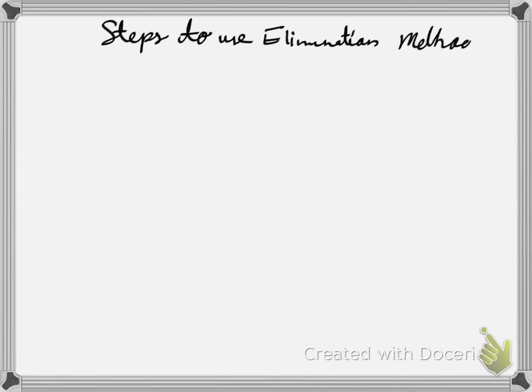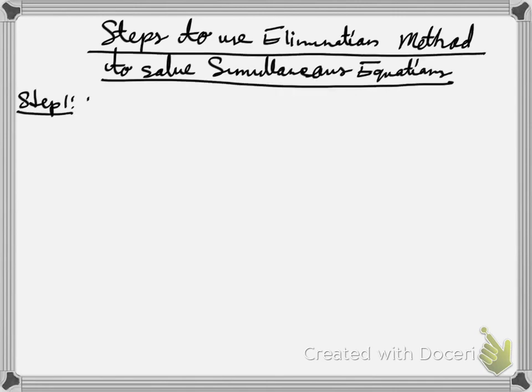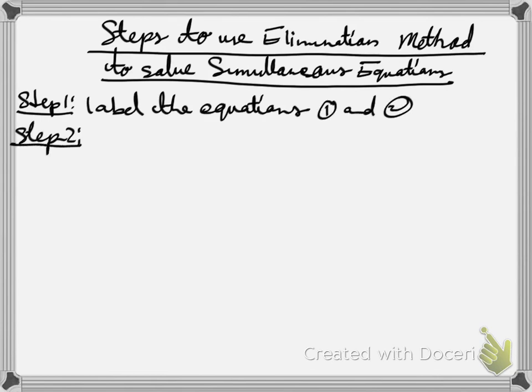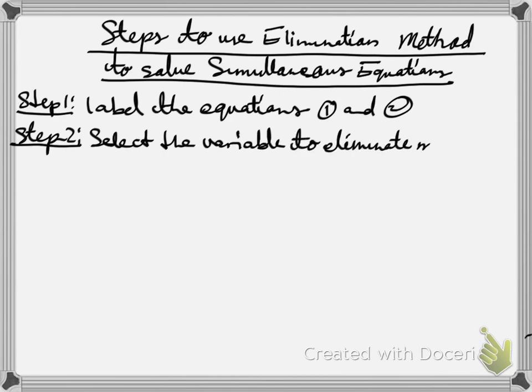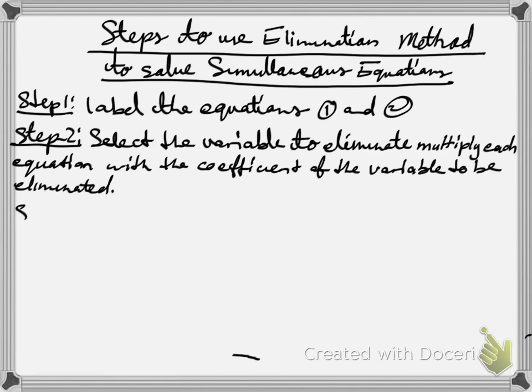The steps you need to follow when solving equations simultaneously: number one, just like in the substitution method, is to label the equations 1 and 2. That is just for identity, so that you don't get confused, to distinguish the two equations. Step number 2 is to identify the variable you want to eliminate first, and then you multiply each equation by the coefficient of the variable to be eliminated in the other equation.